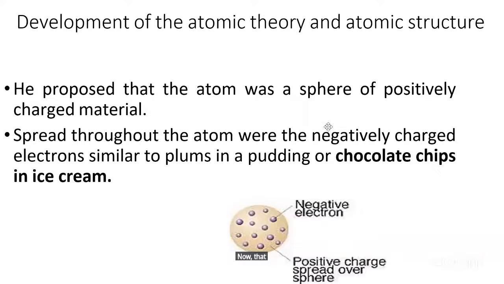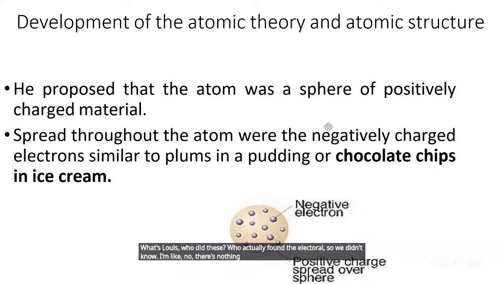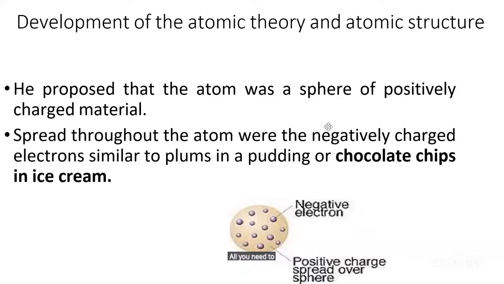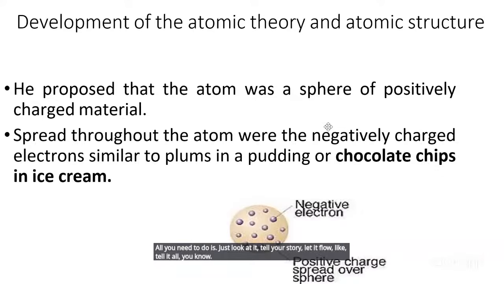That's why I said I want us to talk about this as a story, because most times students battle with who did this, who actually found electrons, who did not. There's nothing to cram about this. All you need to do is look at it, tell your story, and let it flow like a story.